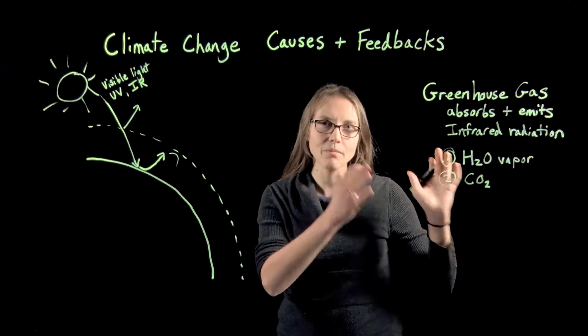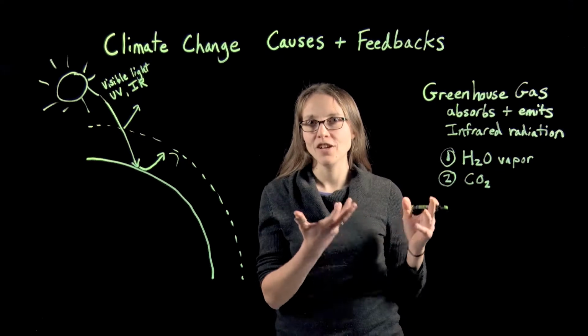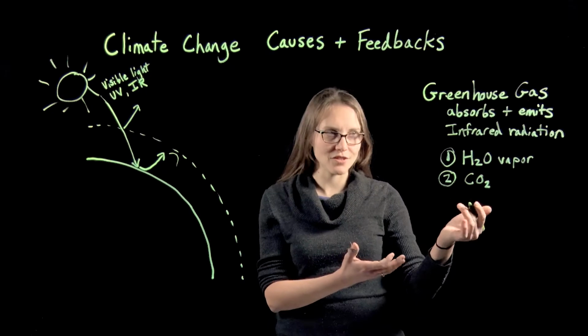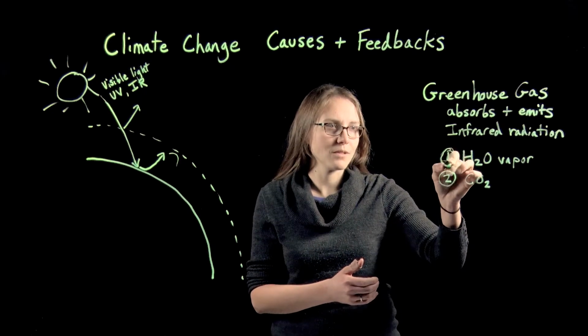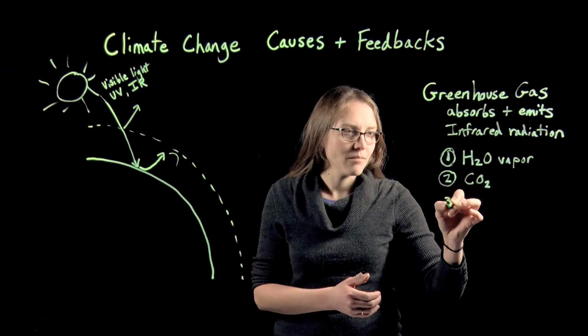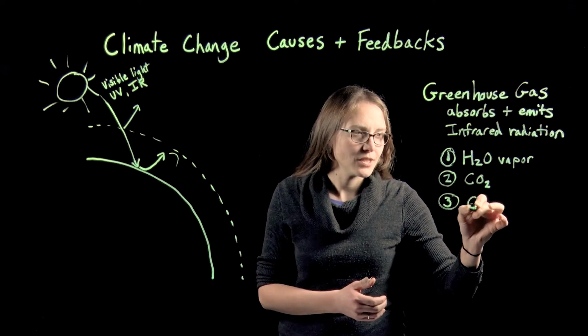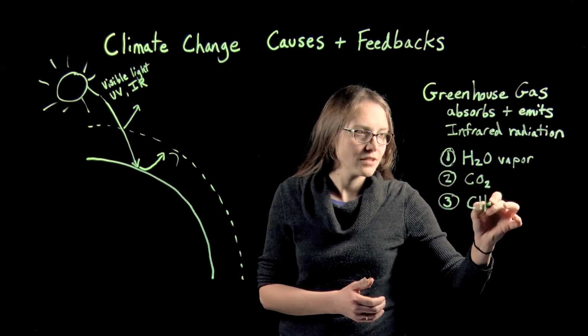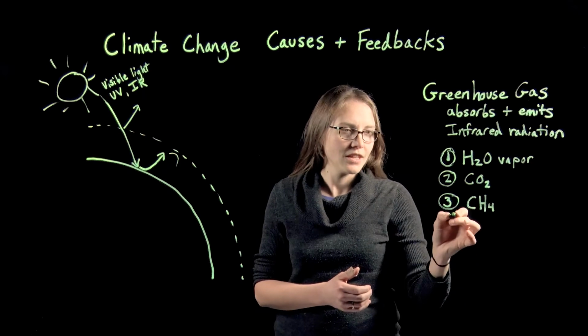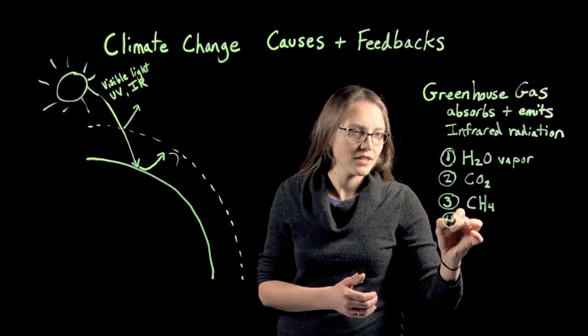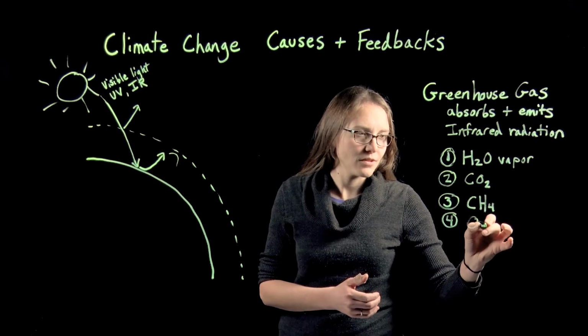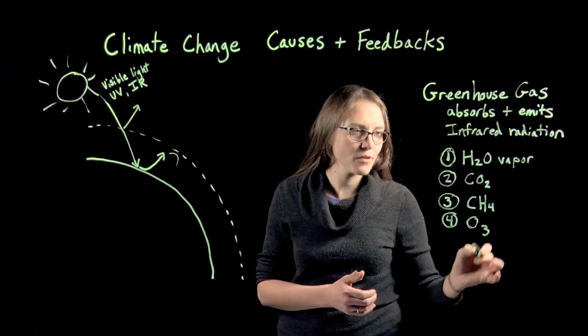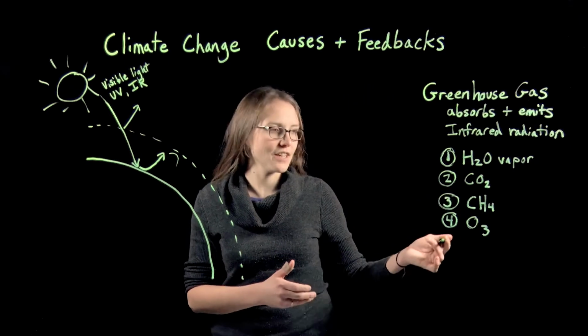This is what the majority of our dialogue about greenhouse gases and climate change centers around. We'll talk a little bit more about that. And then methane, which here in the Arctic we talk a lot about. And ozone. Those are our four biggest greenhouse gases.